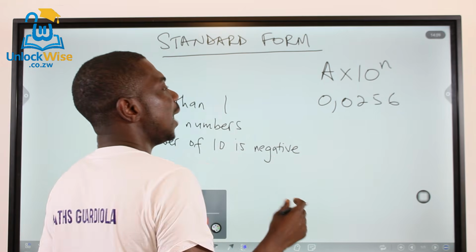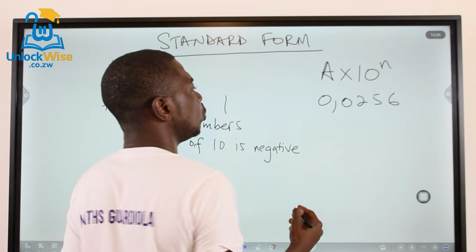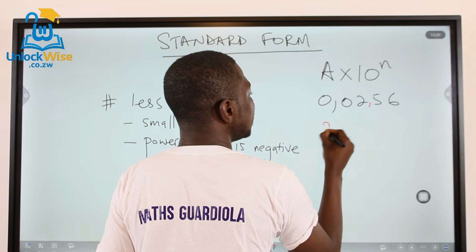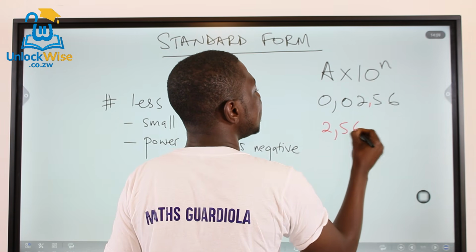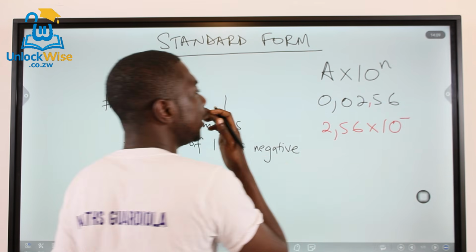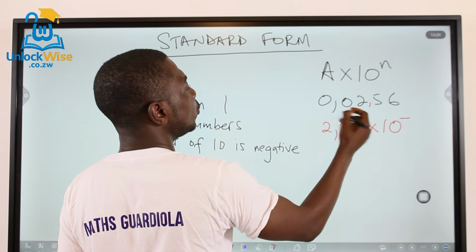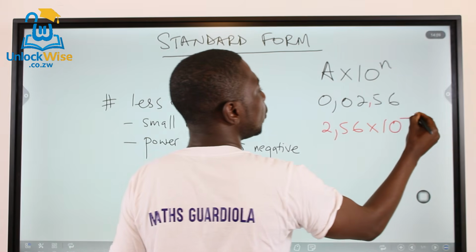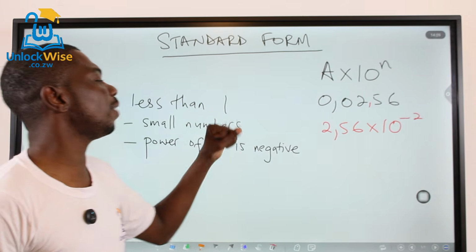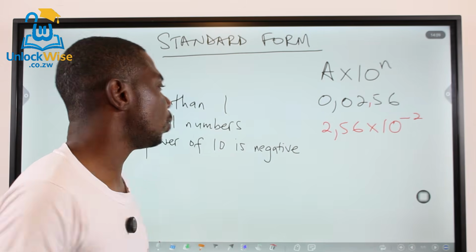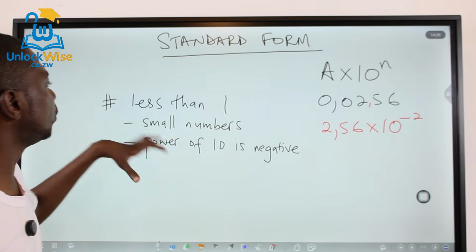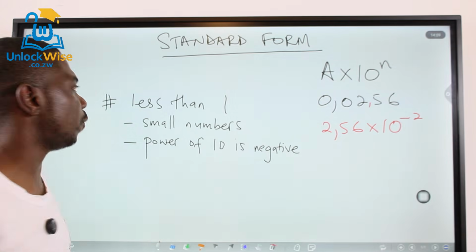Our first non-zero number is 2, so after 2, that's where our comma should be. So we will write this as 2,56 times 10 to the power minus, how many times does our comma have to move to go to this position? 1, 2. So we will have it as 2,56 times 10 to the power minus 2. Okay, fine. So this is how we write what we call small numbers in standard form.